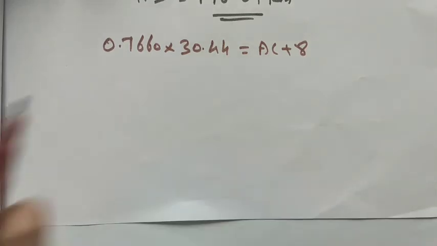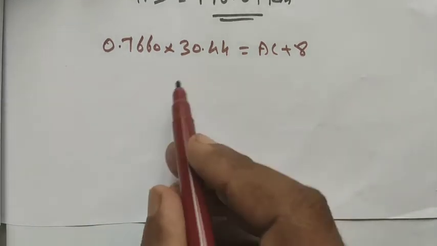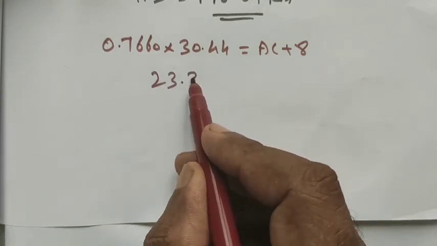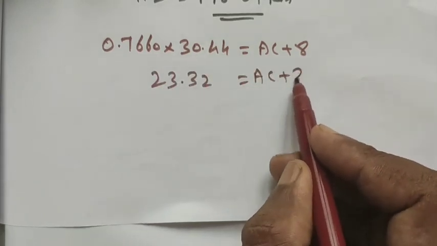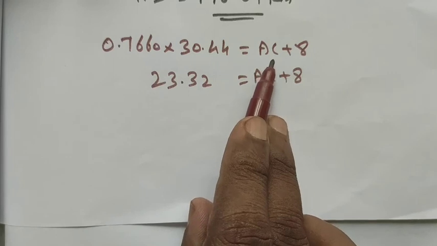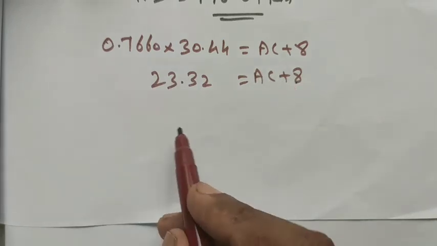When we multiply these two terms, we get 23.32 equal to AC plus 8. We want to find only the AC distance, so I take this 8 to the other side.